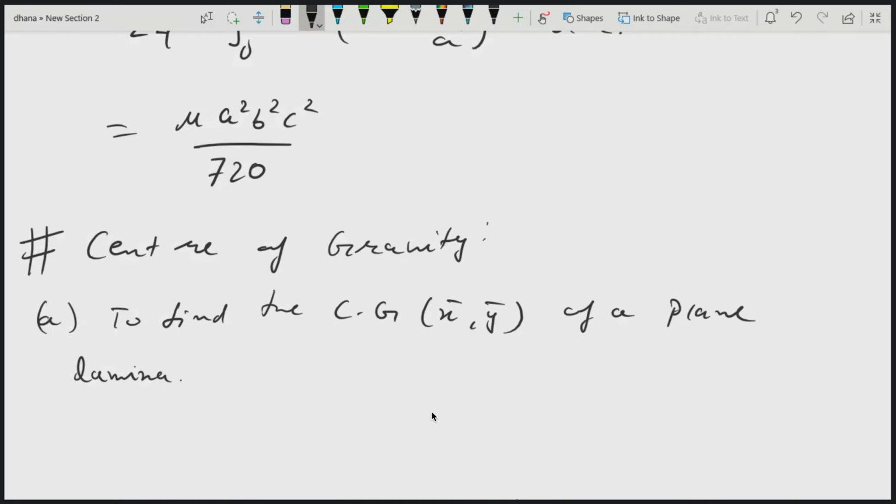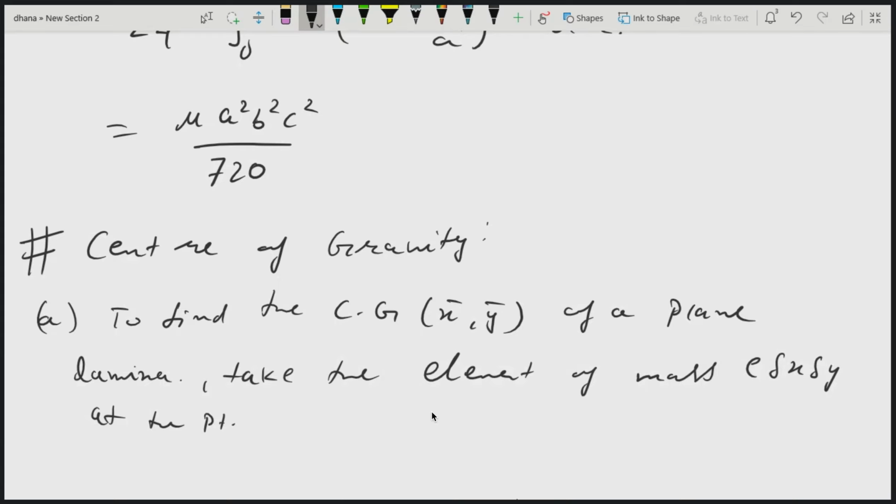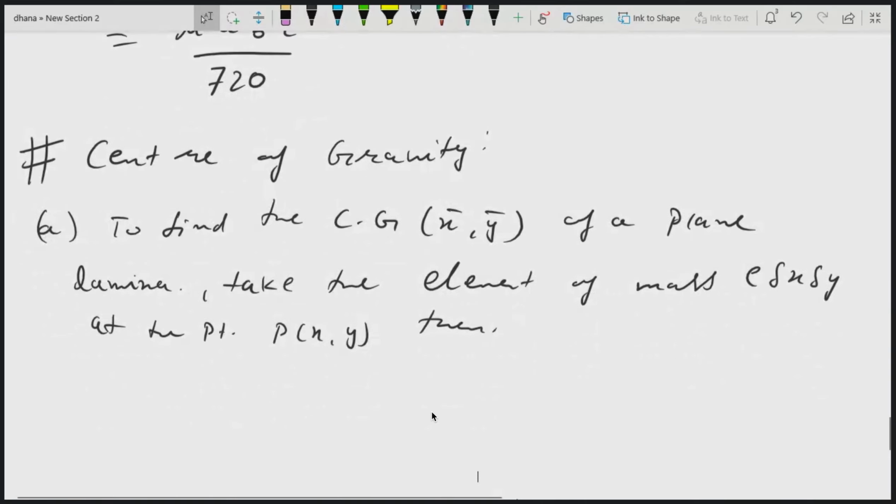Okay. So again, you will take the element of mass for this one. Take the element of mass, that is rho del x del y at the point xy.